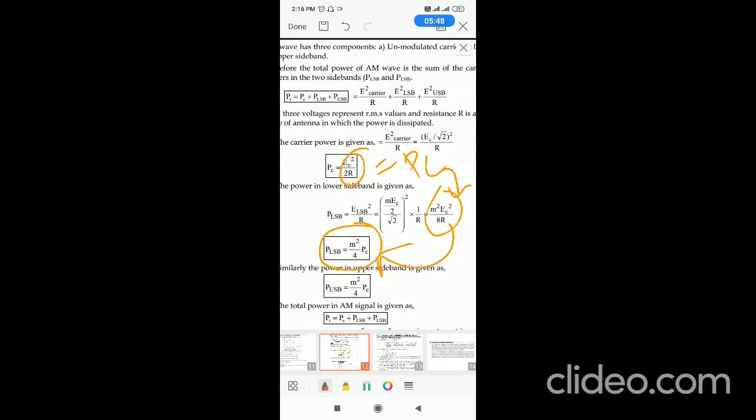This is the lower sideband power expressed in terms of PC, not EC and R. Similarly, upper sideband has the same power because its amplitude is same, whereas frequencies are different. Upper sideband and lower sideband contain the same power, and if you add these three powers, you will get total power. Finally, you will get PT is equal to PC into 1 plus M square by 2.